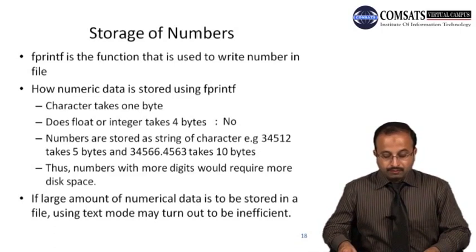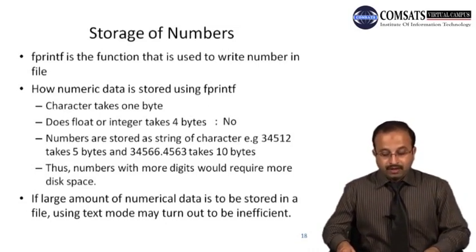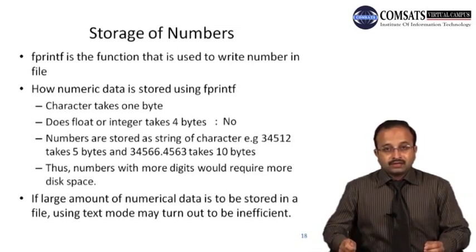So if a large amount of numeric data is to be stored in a file, then using text mode may turn out to be inefficient. Why? Because अगर आपने बहुत ज़्यादा numeric data store करना है, then use a binary file, because in text mode every digit in that number is converted, it will take 1 byte of hard disk, 1 byte memory का लेगा. ठीक है.